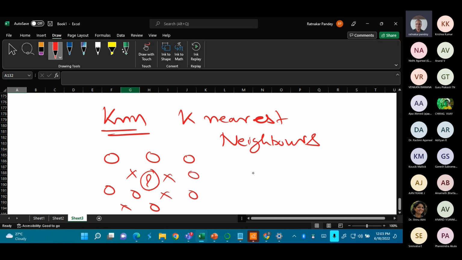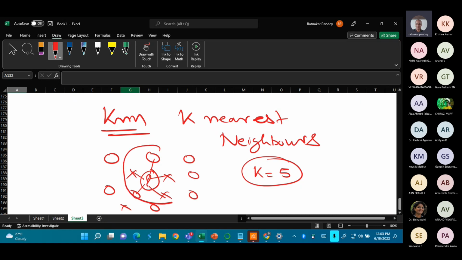If you say, go ahead and look at 5 nearest neighbors, it will figure out who are its 5 nearest neighbors in terms of distance: 1, 2, 3, 4, 5. You asked me to figure out whether I'm a zero or a cross, and you told me to look at my 5 nearest neighbors.